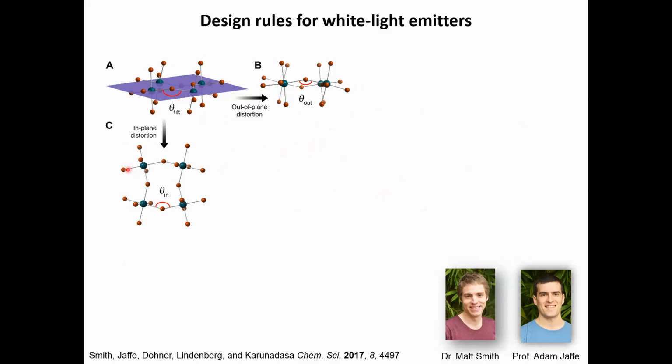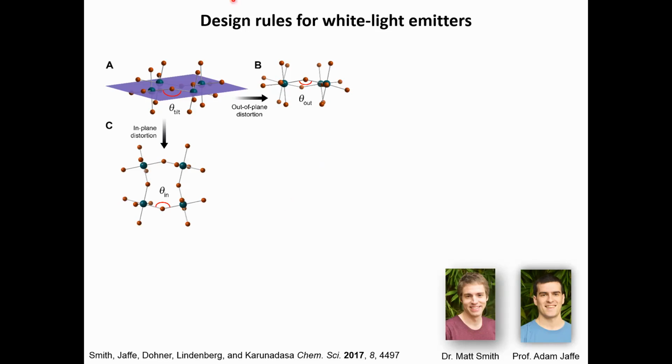I will focus on 2 different parameters they looked at, and that's the tilting between octahedra. So these are materials with the flat perovskite sheets, which were not known to be white light emitting perovskites. If you recall, it was the zigzag sheet that gave the white light. But they looked at flat sheets, and they looked at tilting.